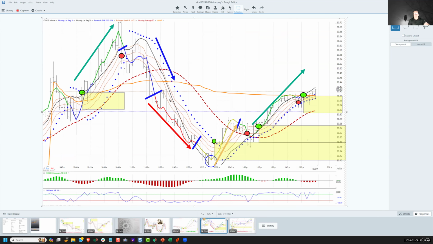Tonight, I'm going to talk about this one on the 3-minute. This is Ethereum. You can only go long on Ethereum. So this is the open. It rolls over, finds support above the rising Bollinger Band mean.